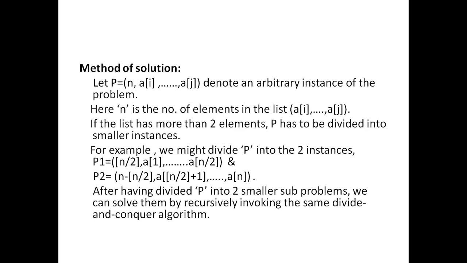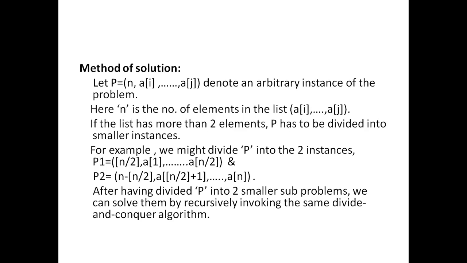Otherwise, if you are given more than two values, like 5 values or 8 values or 20 values, what you have to do is divide the given list of numbers into two halves, the first half and the second half. From the first half, you find the biggest and the smallest.